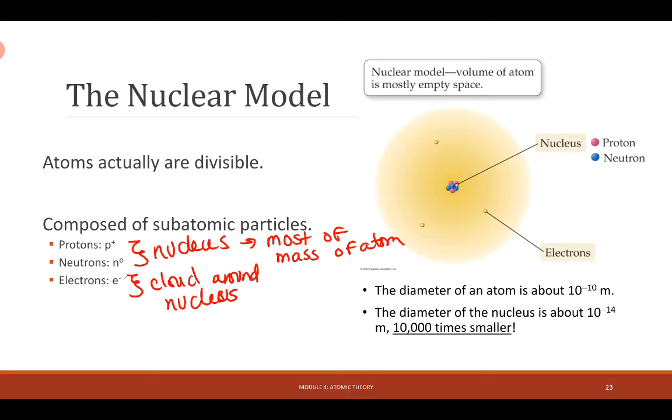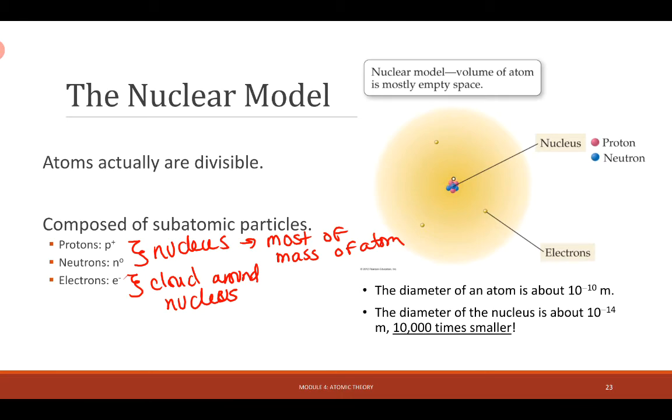But protons and neutrons in the center, mostly empty space, some random electrons in there. The diameter of an atom is about 10 to the minus 10 meters. And so it's a really, really tiny object, look how small that exponent is.